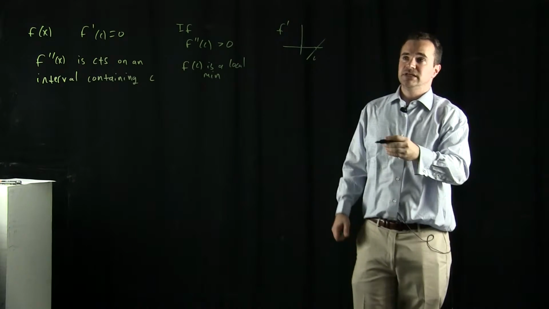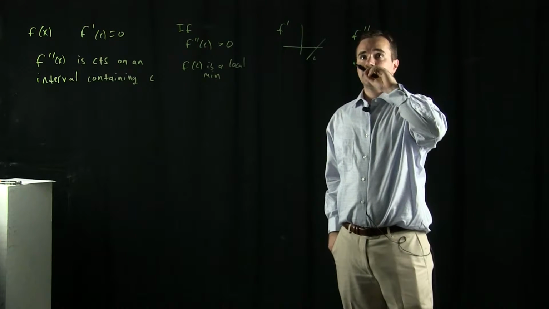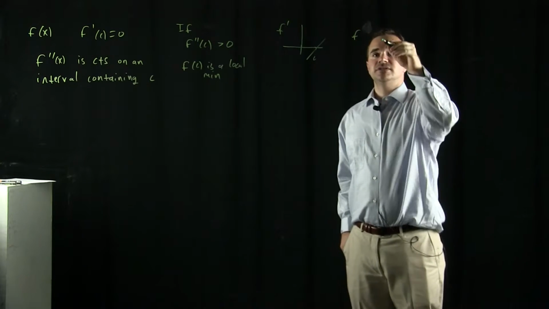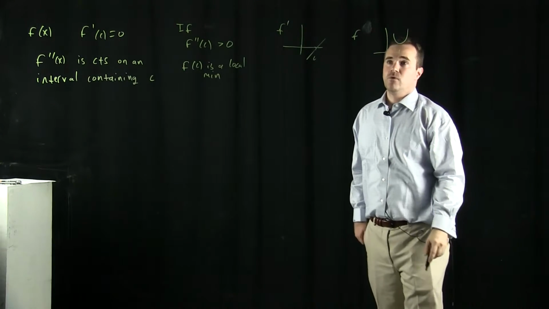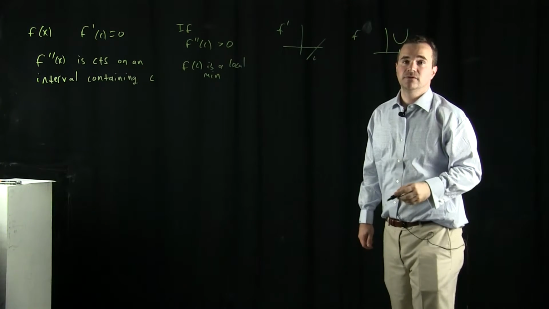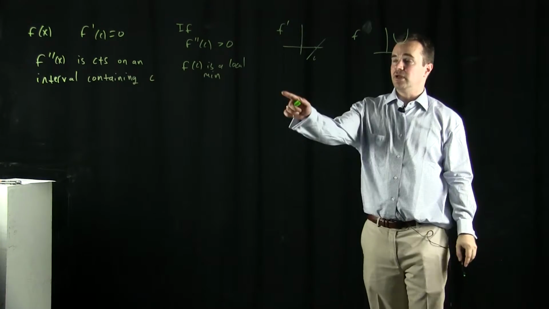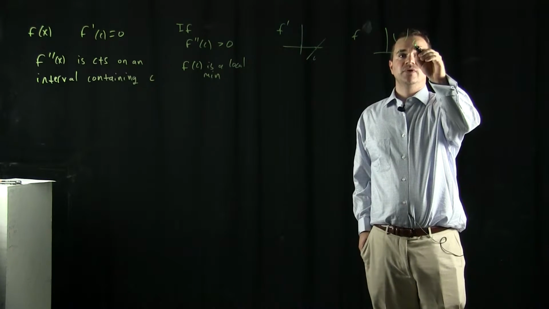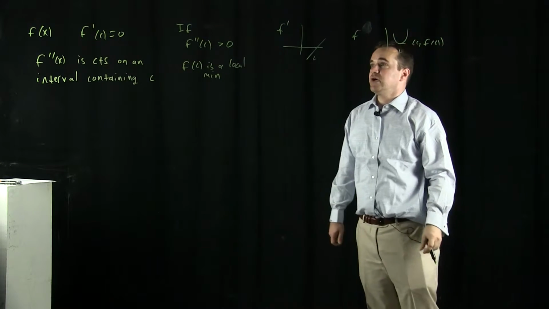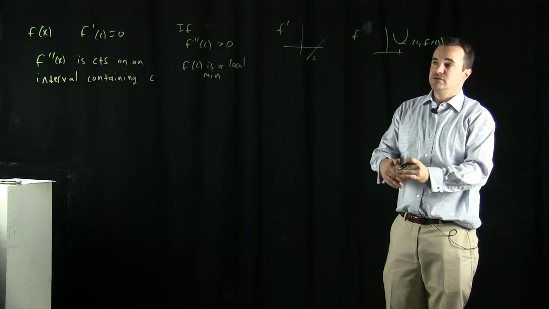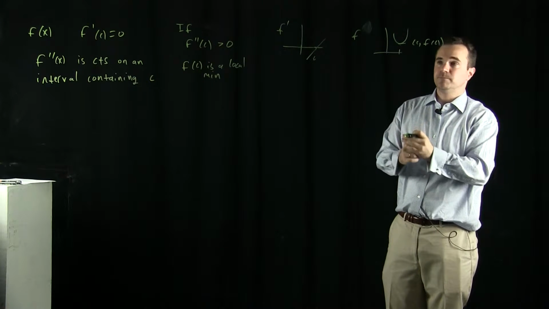It has to be 0 at c and then increasing, which means that the function itself needs to be concave up, or switching from decreasing to increasing, if you like, which means you're going to have a local minimum at the point c. So this is the point x equals c, y equals f of c. And you see, you actually need the second derivative to be continuous, because you don't just want it to be positive at a point. You want it to be positive on an entire little interval.